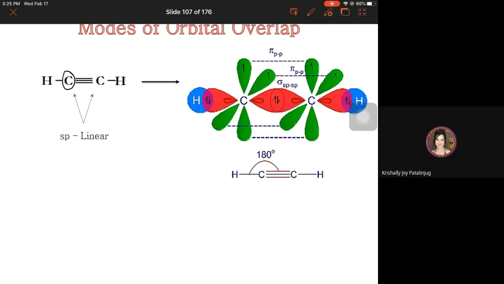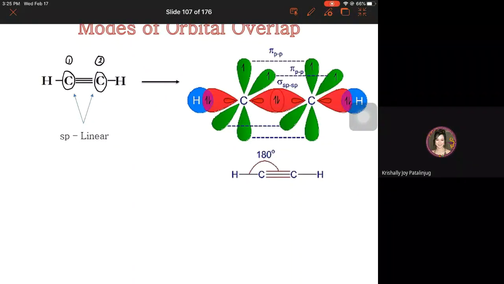Diba? This carbon, itong unang carbon, on the left side, meron siyang dalawang electron groups. Isa, triple bond, isa, single bond. Ganun din, yung carbon na to on the right side, the same number of electron groups. So, naka-linear, okay, each of this carbon.